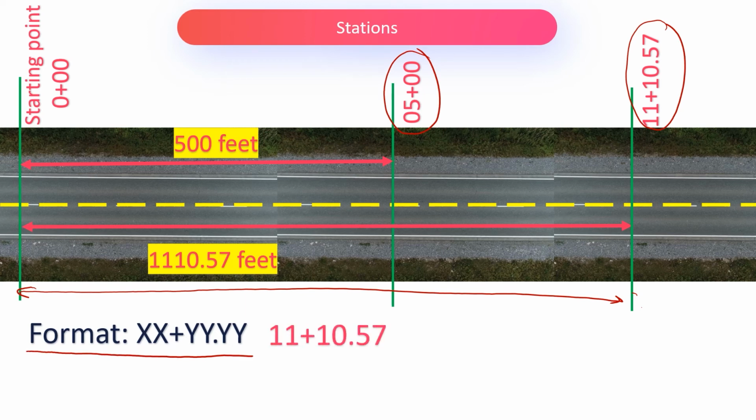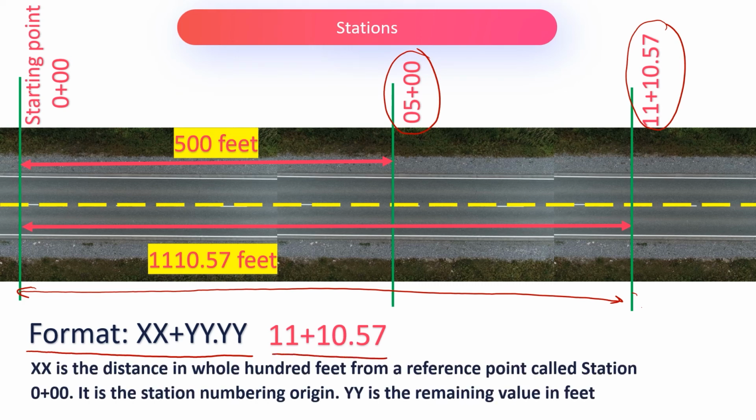So an example of this is 11 plus 10.57. Here xx is the distance in whole 100 feet from a reference point called the station 0 plus 00. Okay, so we always take the origin station, or the starting point. Whereas yy is the remaining value in feet.